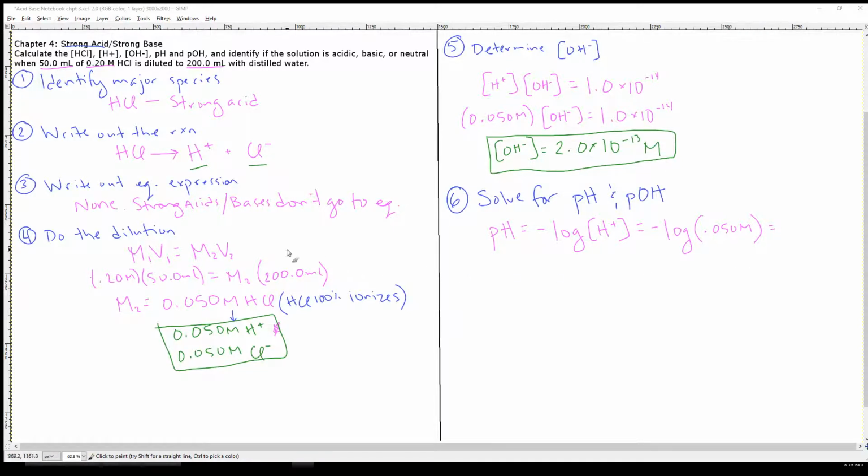And you should end up with a pH that is equal to 1.30, so that's part of our answer. And we also know that the pH plus the pOH is always equal to 14, which tells us then that our pOH must be equal to 12.70.